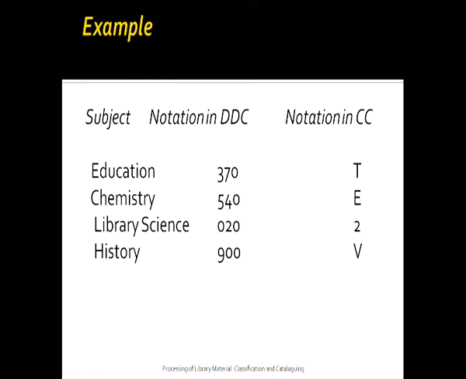And lastly, in the subject of history, notation in DDC is 900, whereas notation in CC is V. So, you have seen how easy it is to write notation in any classification scheme.